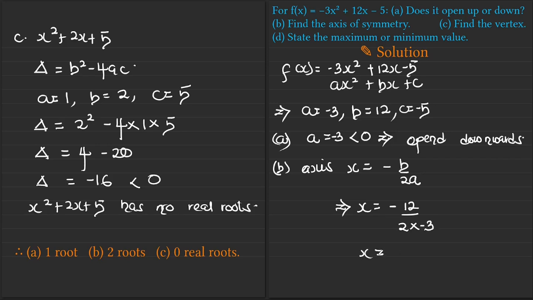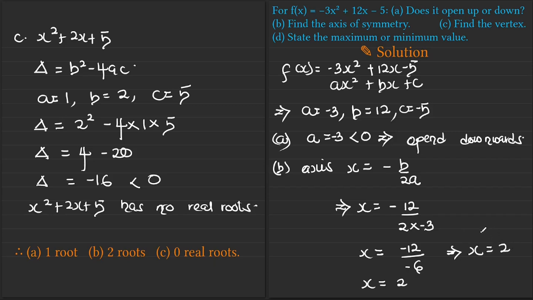We have x being equal to negative 12 over 2 times negative 3, which gives us negative 6 over negative 6... hence x is equal to 2. So it simply implies our axis of symmetry is the line x equals 2.